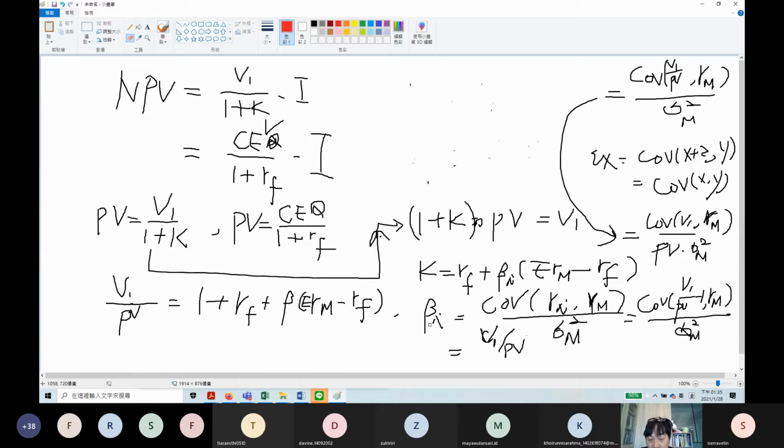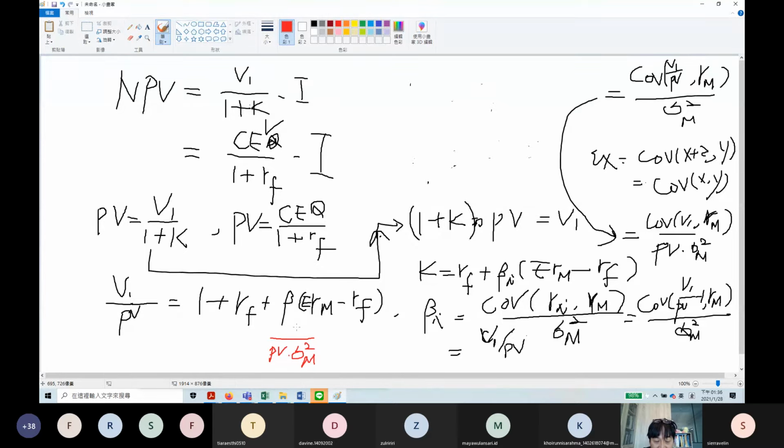So beta is the covariance of V1 and Rm divided by PV times sigma m squared.